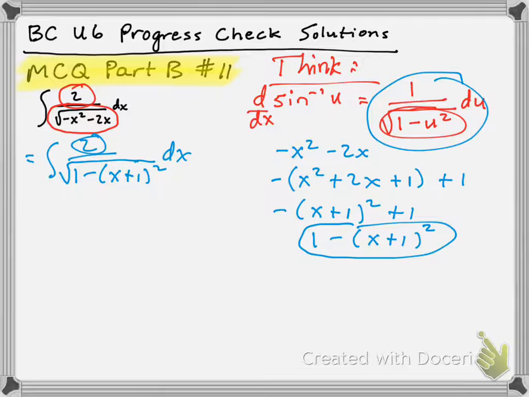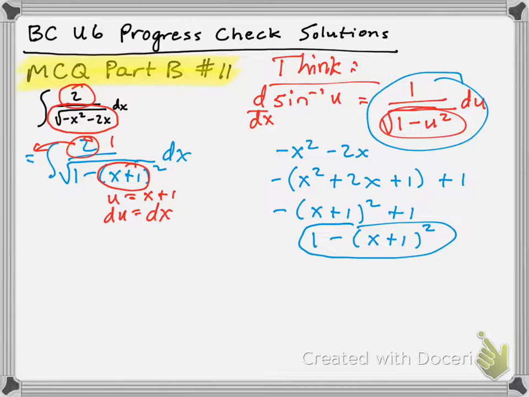We can move the 2 to the outside. We move this 2 to the outside of the integral symbol, and we have 1 over all that. So this is what we're going to let u equal. So u equals x plus 1, and du is equal to dx.